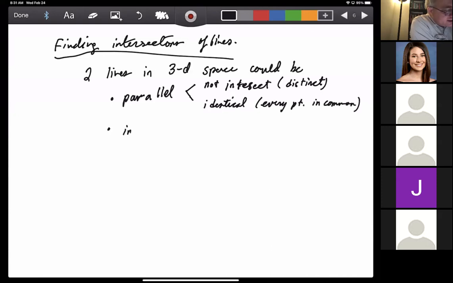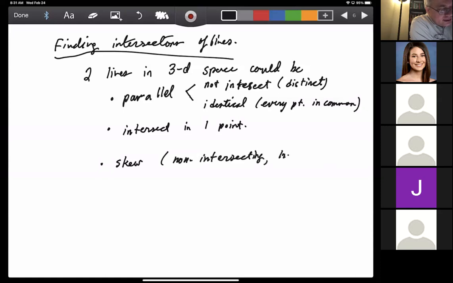They could intersect in exactly one point. Or if neither of the first two possibilities is satisfied, we say the lines are skew: non-intersecting, non-parallel.